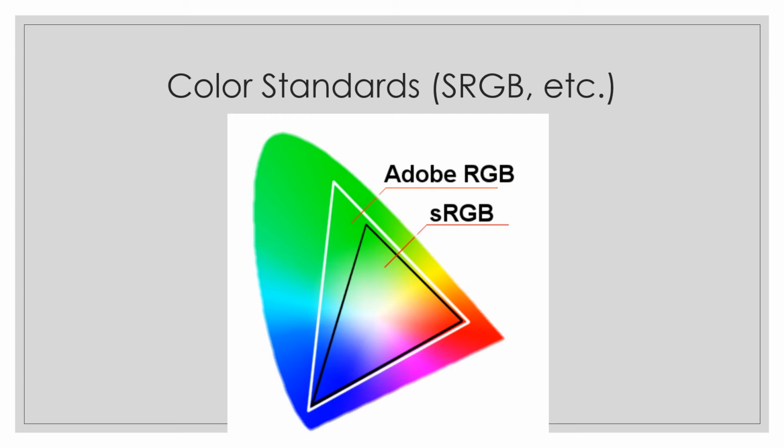If the color spaces do not match, the printed colors may appear noticeably different than the ones you see in the software programs. Now talking about Adobe RGB, which you can see right over here.